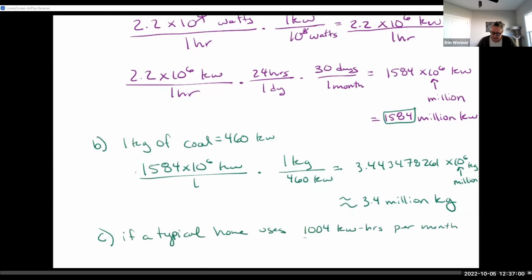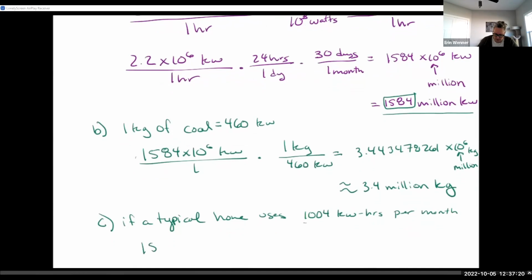So it's talking about the energy. We did the work in part B in terms of finding how much coal we needed. But because we're still talking about the energy, we're going to go back up to the amount we had in part A.